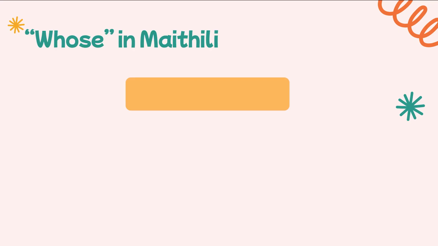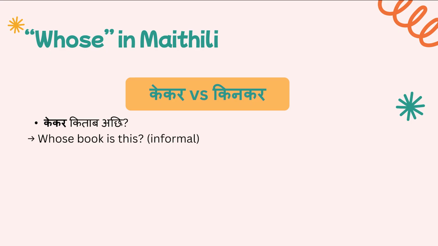So, how do we represent whose in Maithili? Kecker versus kinkar is something of interest, and we should pay attention to it. When we say kecker kitab achi, it means whose book is this, but it is informal and there we know that the person that we are referring to is someone to whom we are not showing any respect.